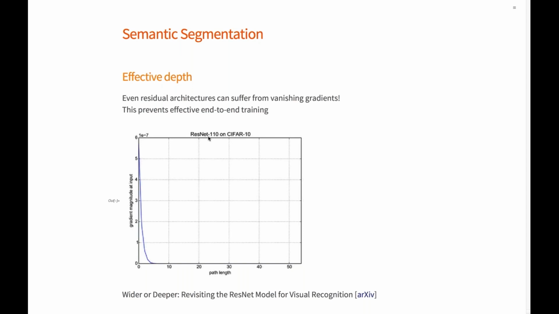Still, if we look at this plot that is taken from this paper, wider or deeper, where the authors are wondering how to improve on the standard ResNet model. And this is the key point. We see that the gradient is still vanishing for very big networks. That means that we are not truly training this network end to end, because certain layers actually freeze during the training as soon as the corresponding gradient is 0.